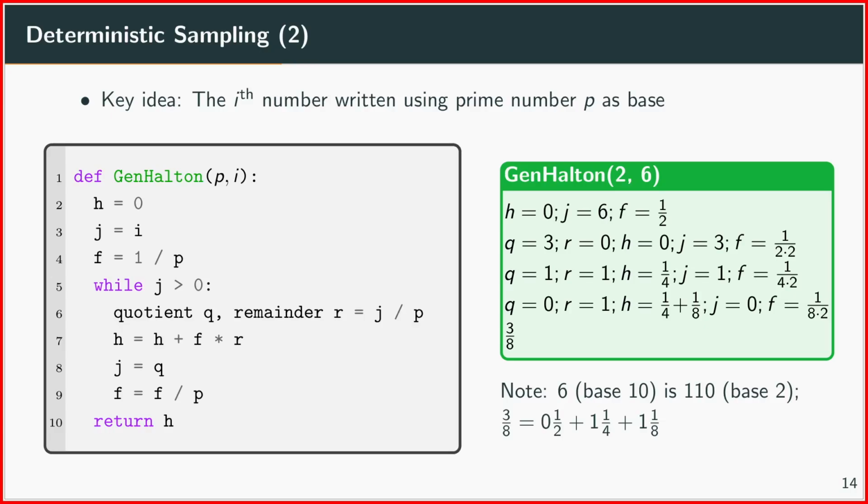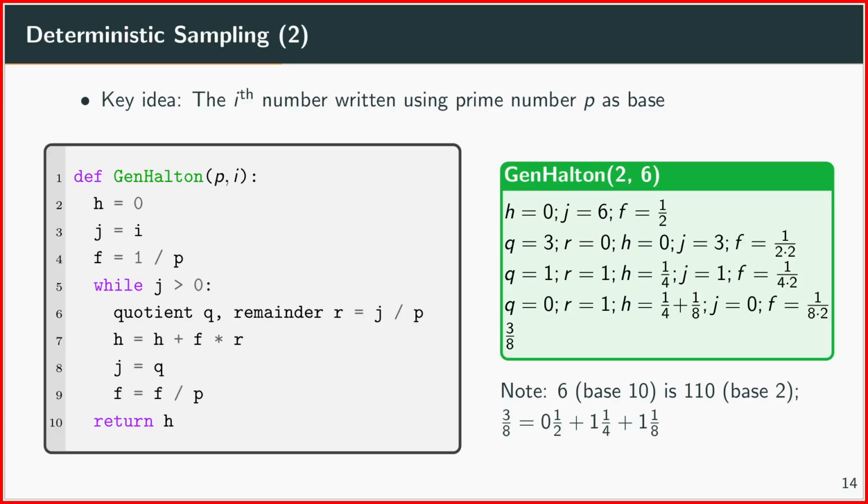And you have f here, which is the current fraction which you employ. And then you just iterate here. So for example, for our case of 2 and 6, you start with h is 0, j is 6, and f is 1 divided by 2. Then you go here into this loop.